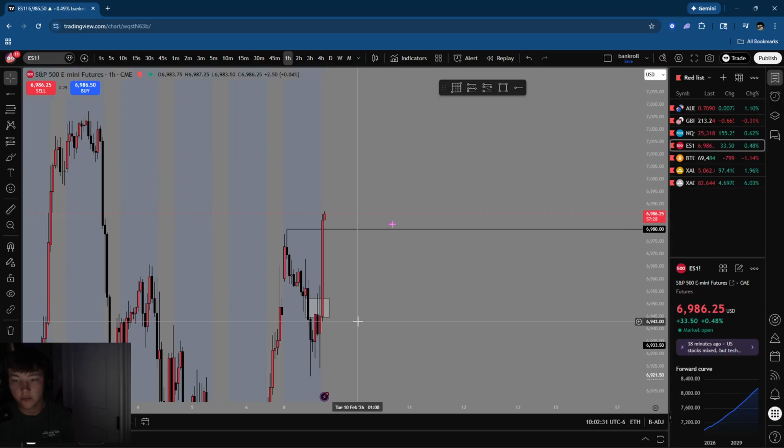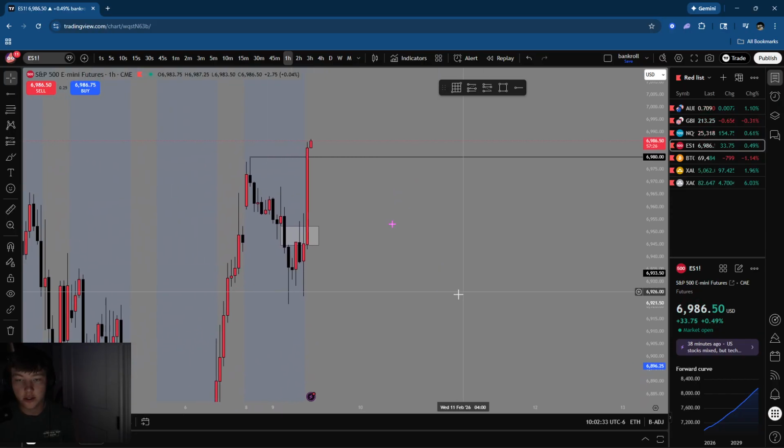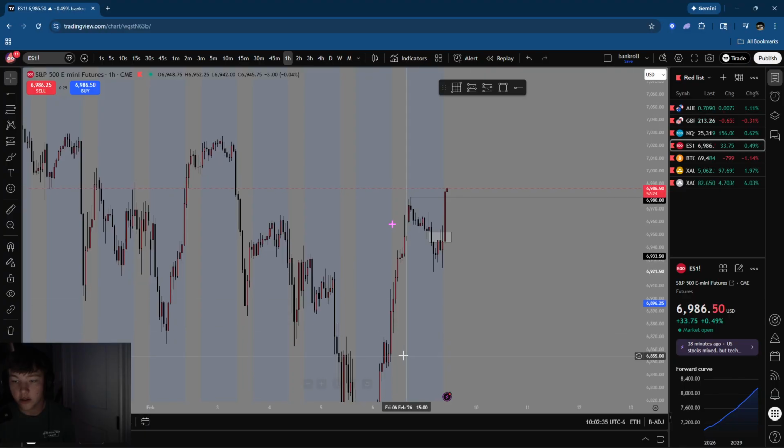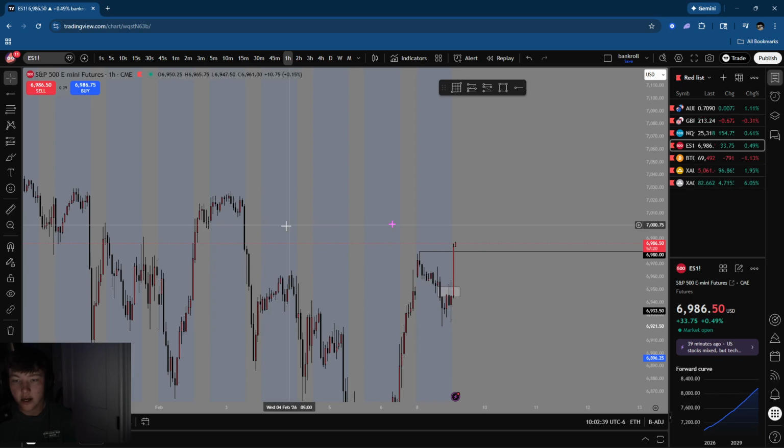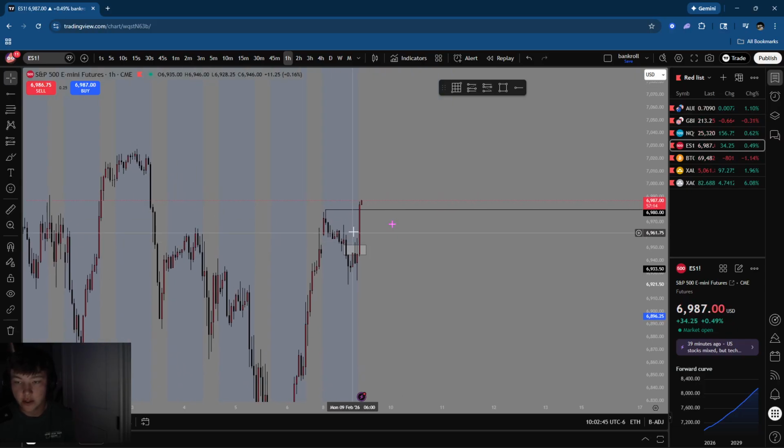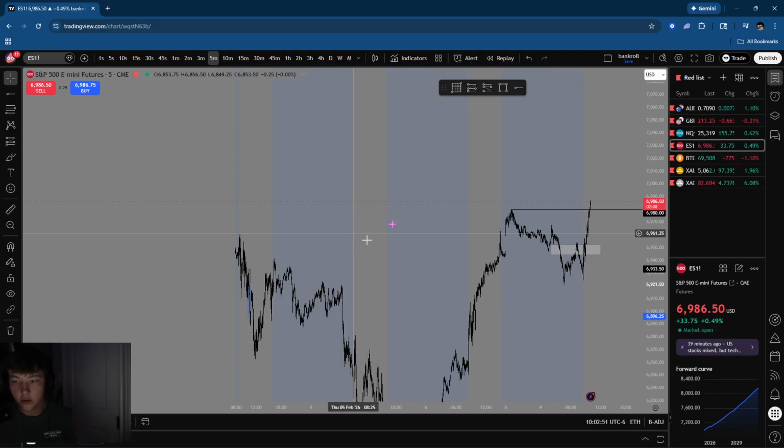So this could have almost been a continuation trade if you look at it on a bigger scale. We come up, have this little retrace, and then boom, take out those highs. We're now in this hourly gap. So that was the trade today, this bullish trade, us targeting these hourly highs. But yeah, we were definitely bullish.